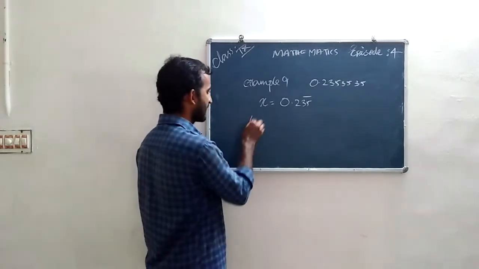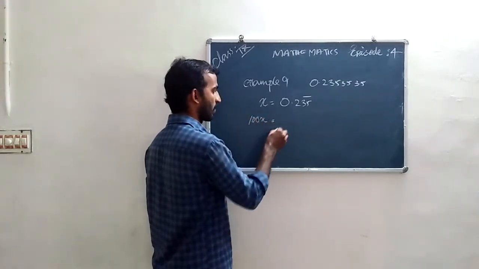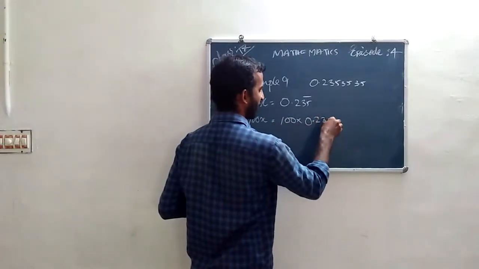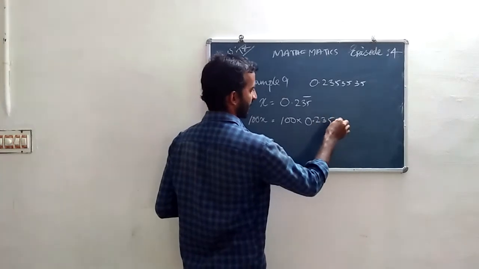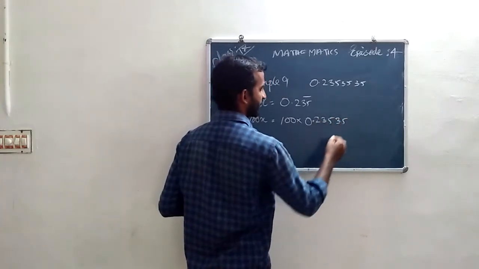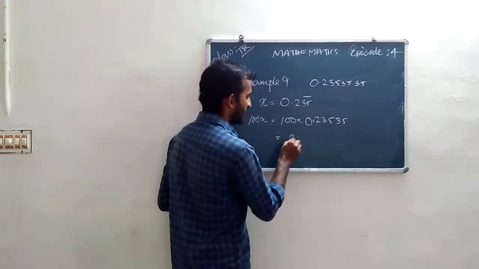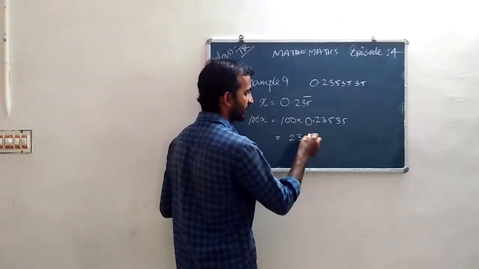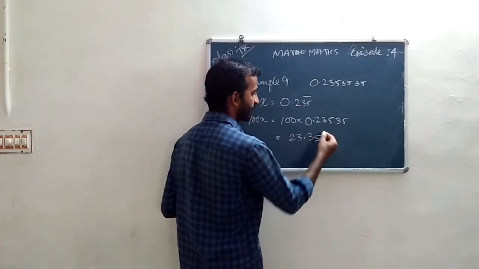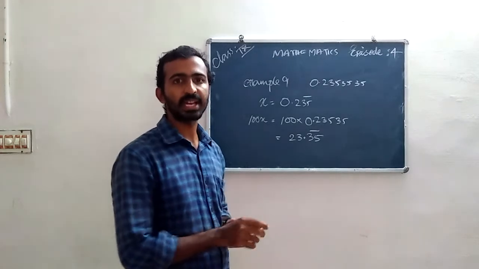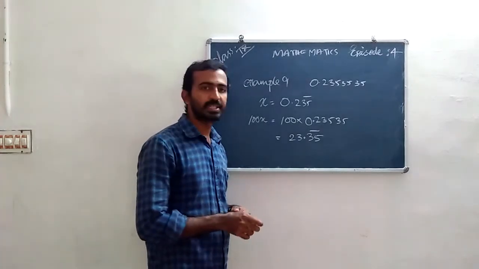That is, 100x equal to 100 into 0.235 bar, and we get 23.35 bar. Is it correct?